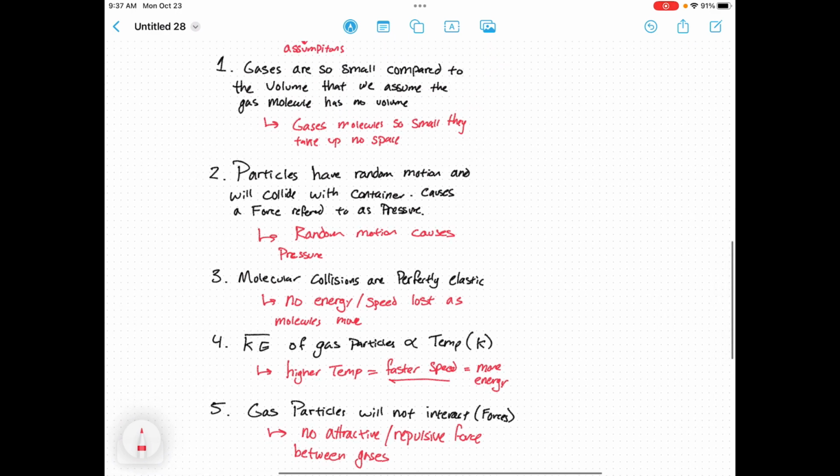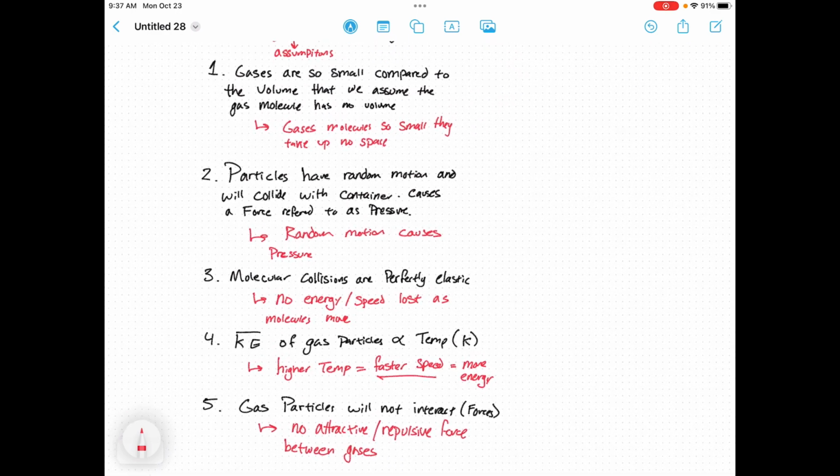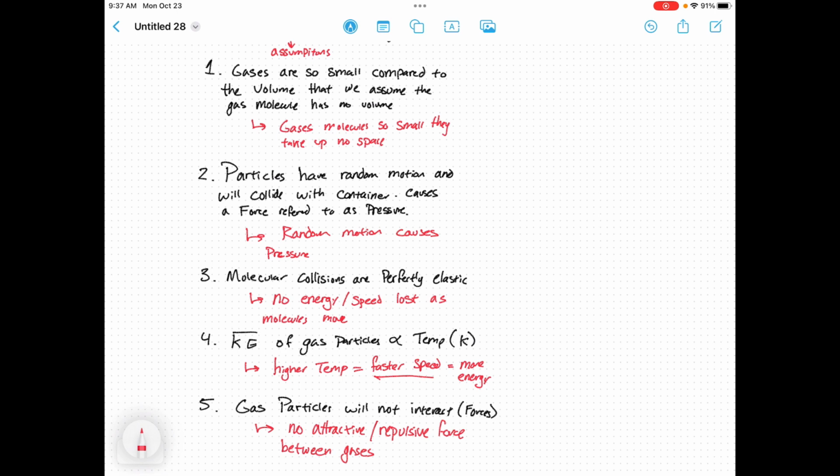So essentially, these are our 5 assumptions that gases will follow as they're interacting. Gases are going to be really small compared to their container. Gases will have random motion, and that random motion creates pressure when it hits the container.